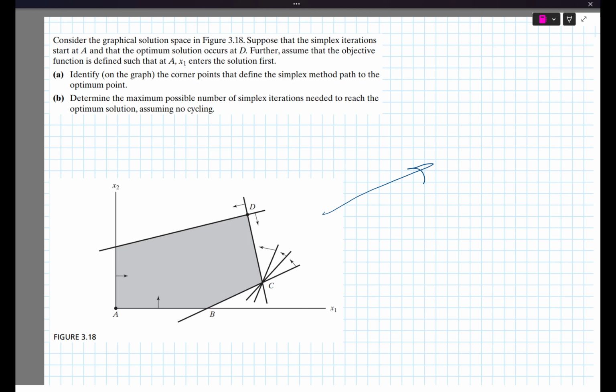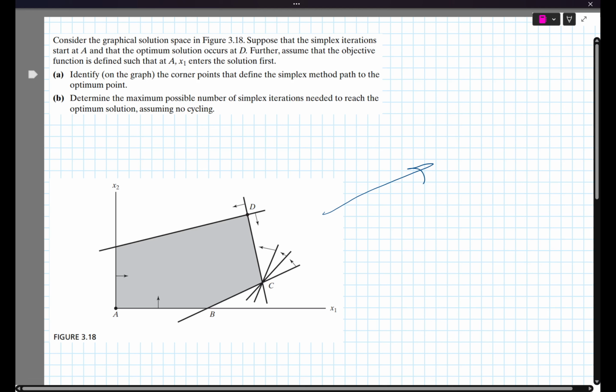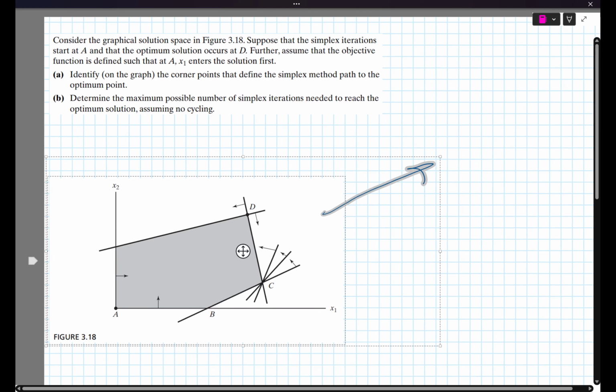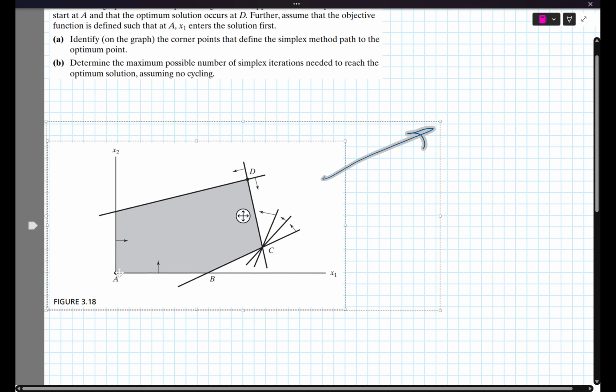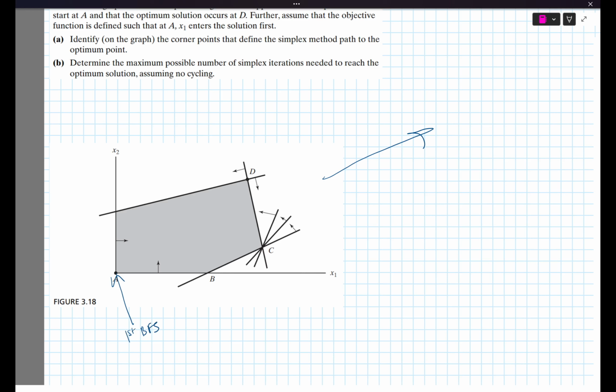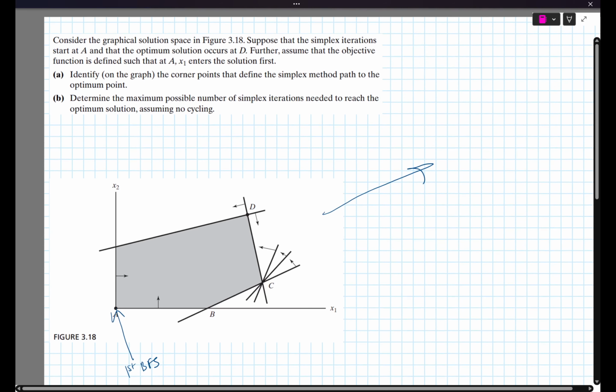Suppose that simplex iterations start at A and that the optimal solution occurs at B. Further assume that the objective function is defined such that at A, x1 enters the solution first. So this is our first BFS, right? First BFS. Identify on the graph the corner points that define the simplex method path to the optimum point.